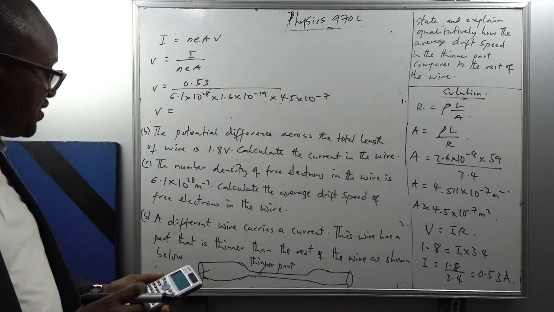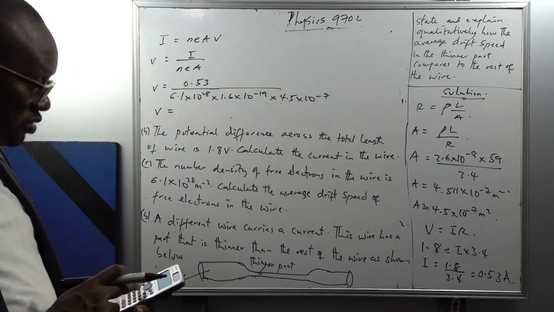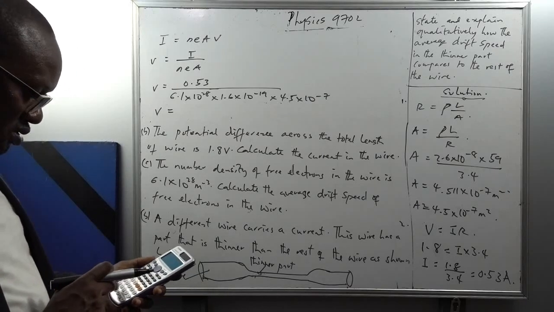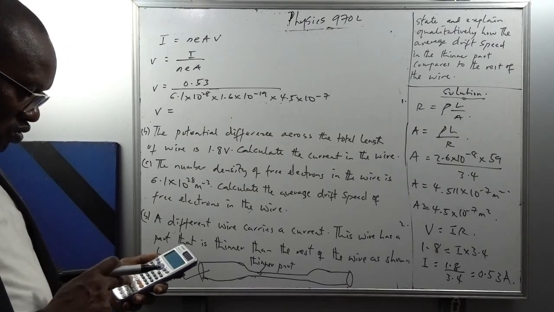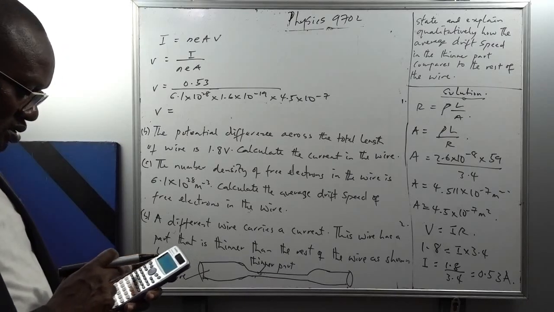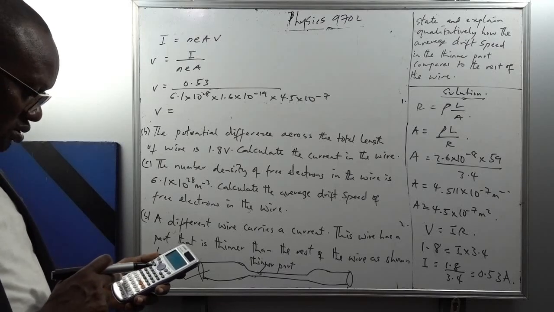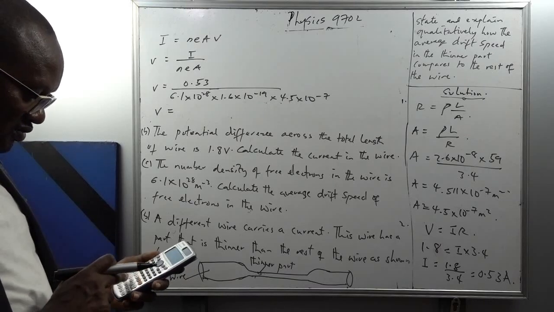So you press the fraction, put 0.53 at the numerator. You go to the denominator, 6.1 times 10 power 28 times 1.6 times 10 power minus 19 times 4.5 times 10 power minus 7.